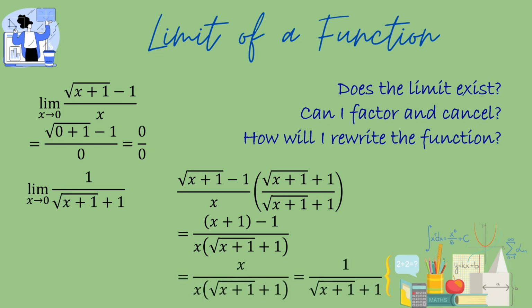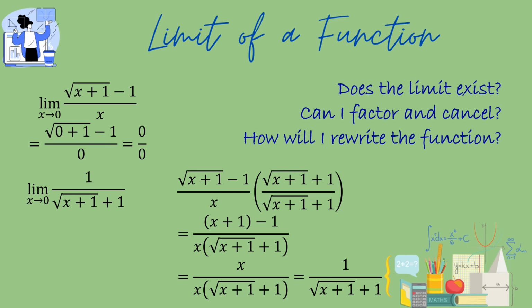Simplifying the numerator, we have x, and since x is also in the denominator, we can cancel and rewrite the original function as f of x equals 1 over the quantity square root of x plus 1 plus 1.